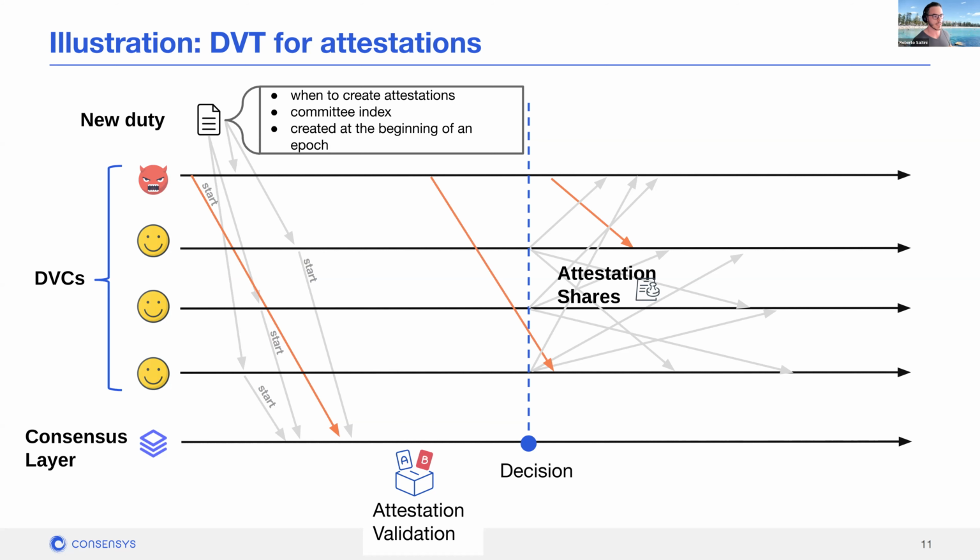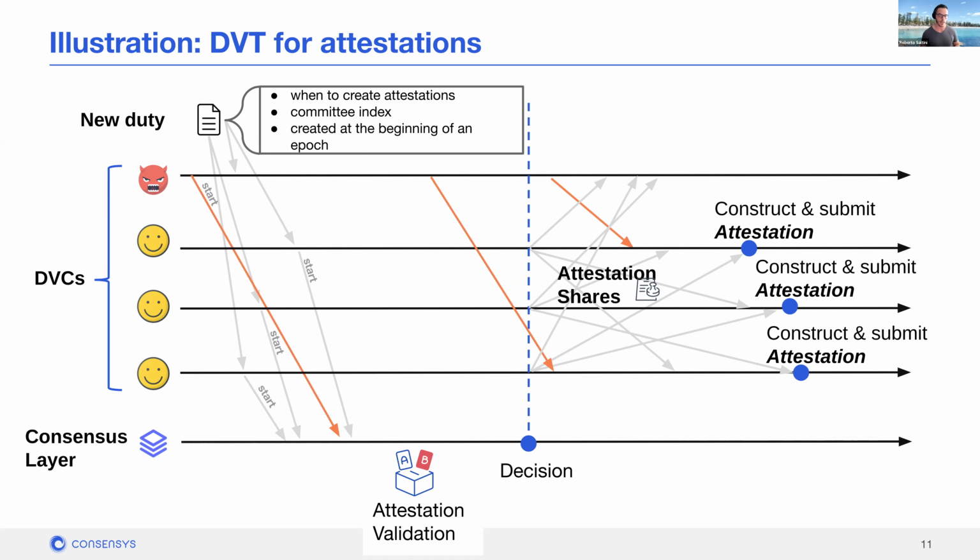Of course, they can try to deceive the other nodes to try to get them to the wrong conclusion. Now, once an honest node receives enough attestation shares to be able to reconstruct the signature, it can reconstruct the signature and can create and submit an attestation. And each node can do that. The idea here is that even though we can have multiple attestations created, they will be the same. So there is no issue in terms of being slashed.